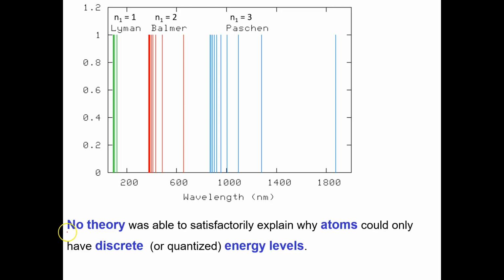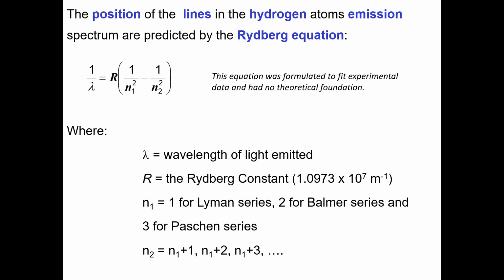Around the time that Einstein was doing his work, in the early 1900s, there was no theory that could satisfactorily explain why hydrogen atoms would behave like this, why there could only be discrete or quantized energy levels. There was a guy called Rydberg, and he looked at the position of the lines in the emission spectrum of hydrogen, and he was able to fit the lines to this equation.